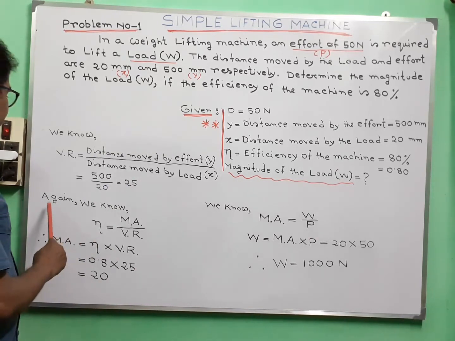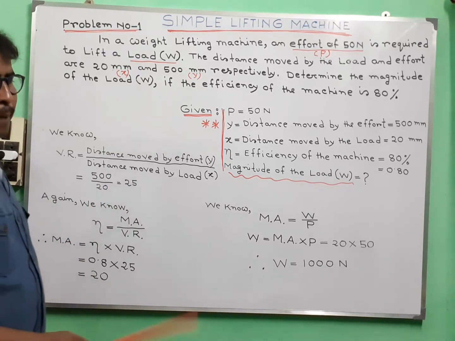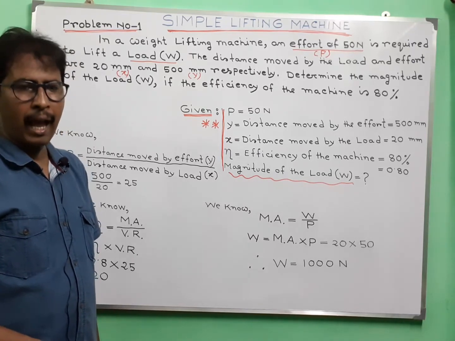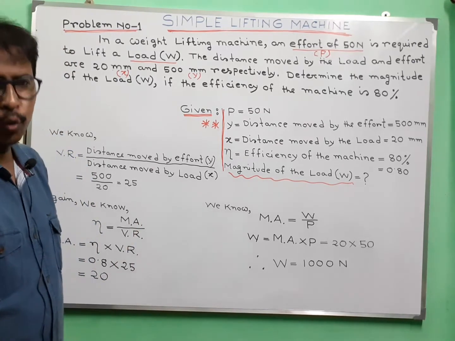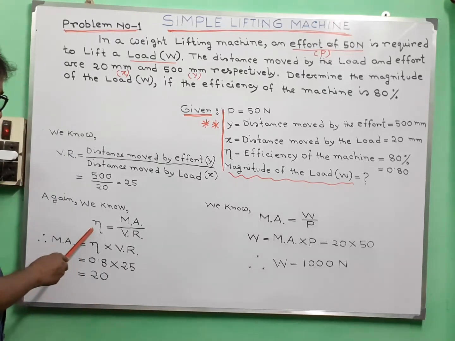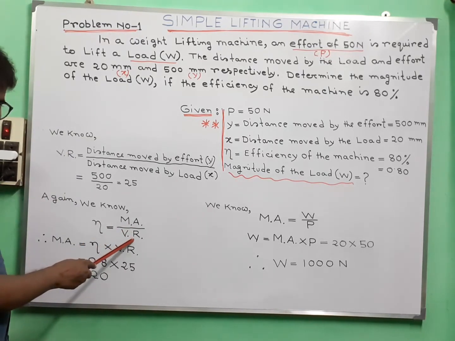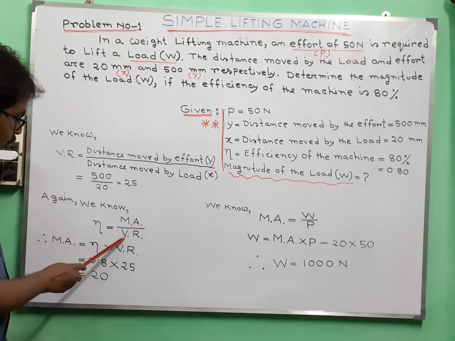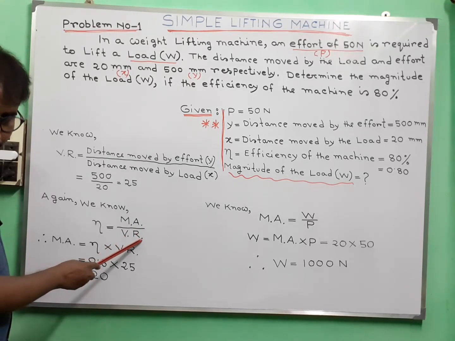Now again we know efficiency equal to output by input, and we also know efficiency equal to MA by VR. MA means mechanical advantage, VR means velocity ratio.